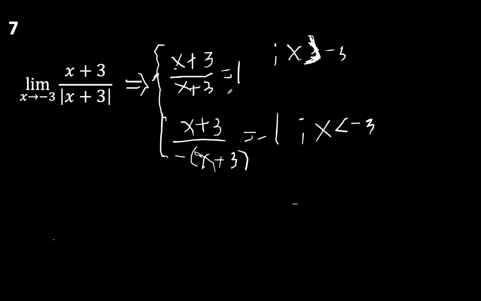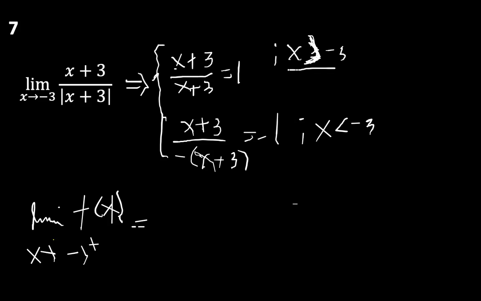Now the question is, how do we find the limit of this function as x approaches negative 3? As x approaches negative 3 from the right, all of the values of x are greater than negative 3.